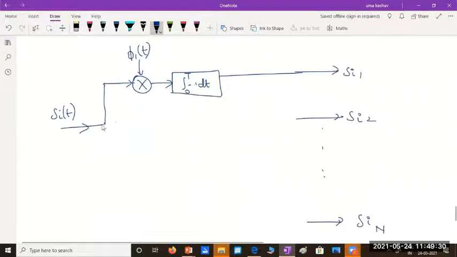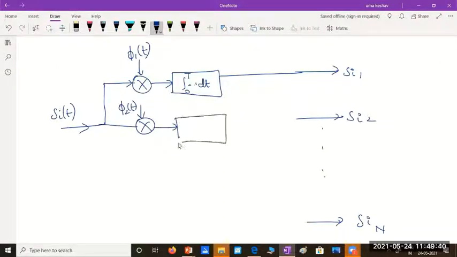Is that clear? Similarly, if you are interested in finding Si2, I should multiply Si with phi 2 of t and integrate the product between 0 to capital T. And whatever you get, that is Si2. Likewise, you can find any value of the coefficient.